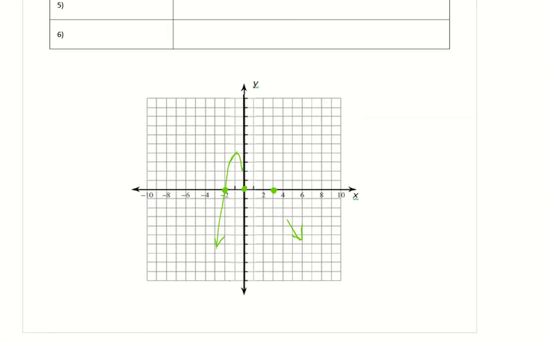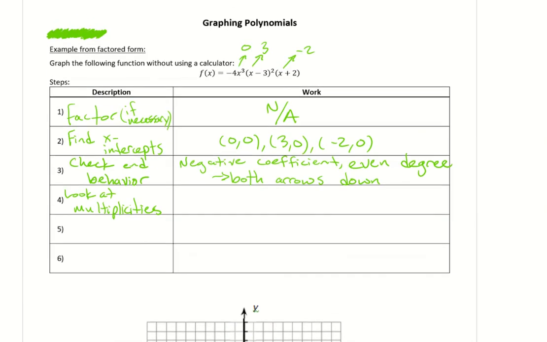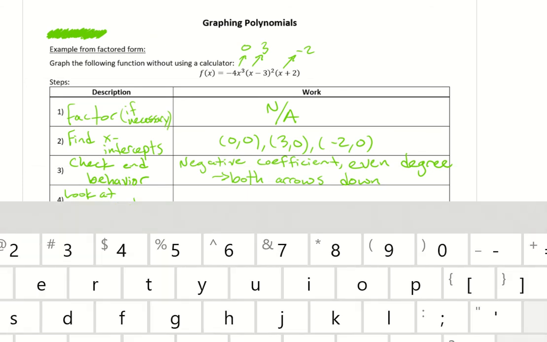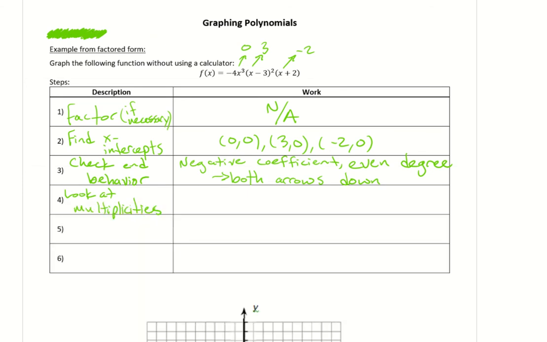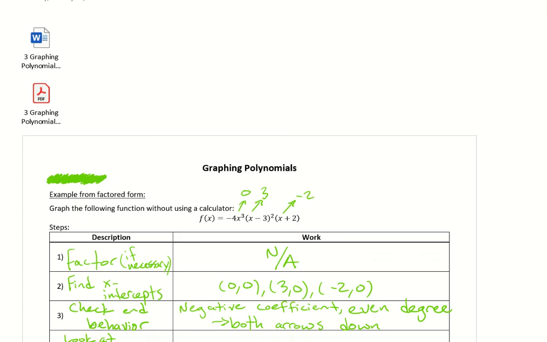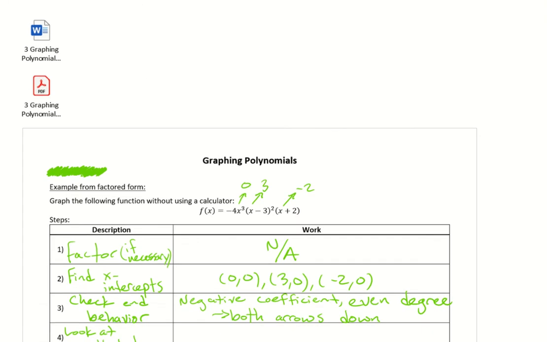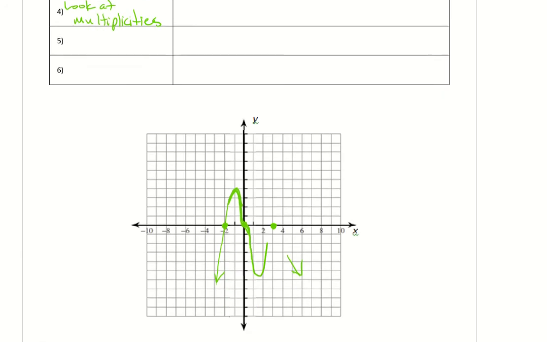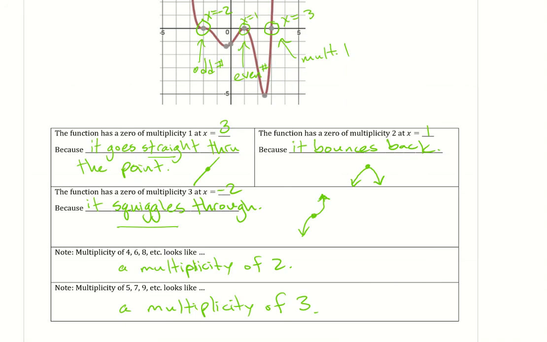So this is going to go up, and then it's going to do a little cubic graph type of squiggle. We're going to come back up towards the last one. Sorry, it's (3, 0), which is a multiplicity of 2. Again, we can check back here. Multiplicities of 2 bounce back.